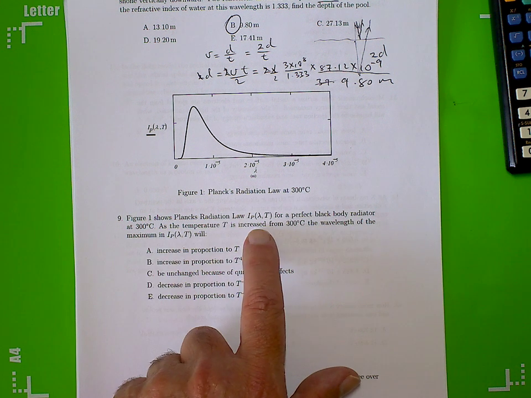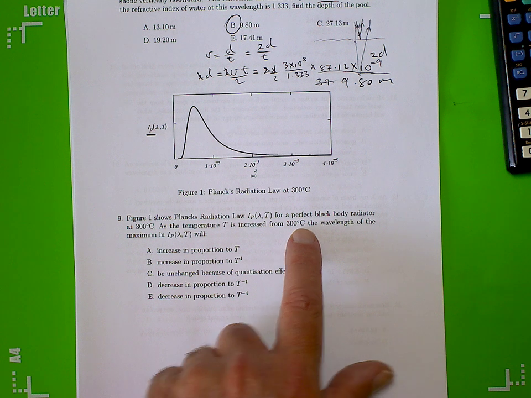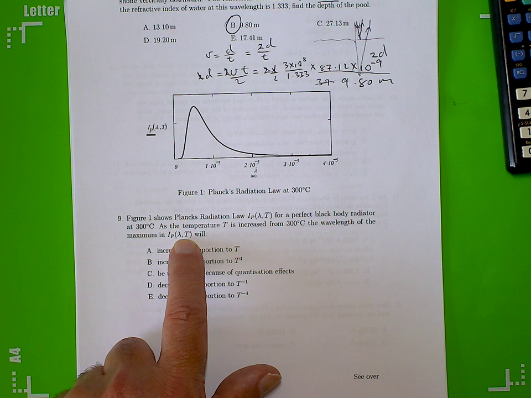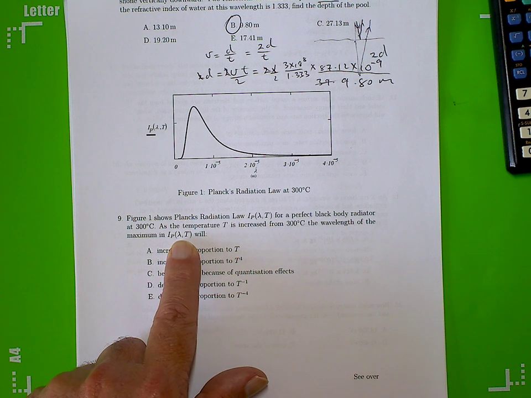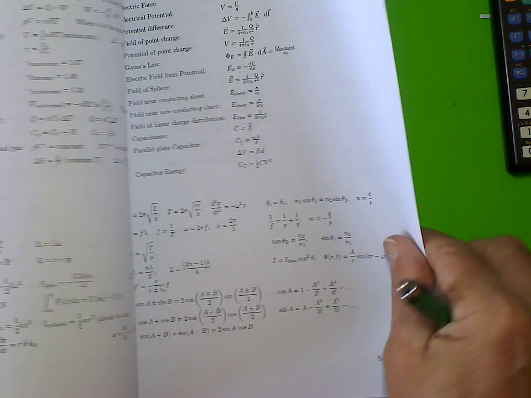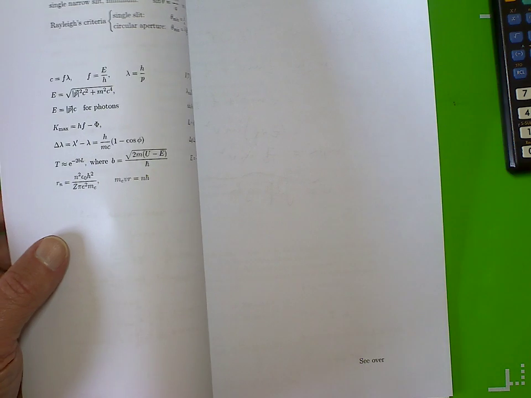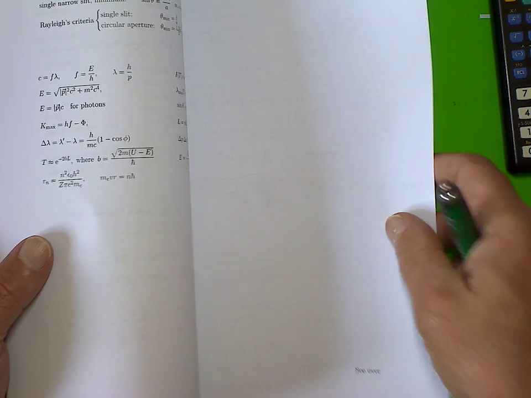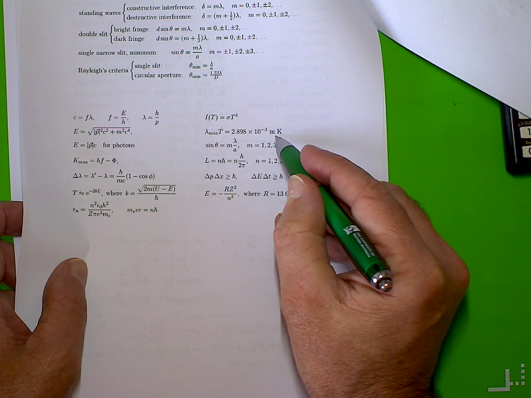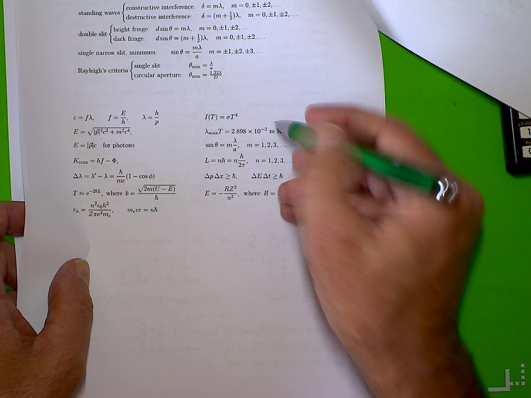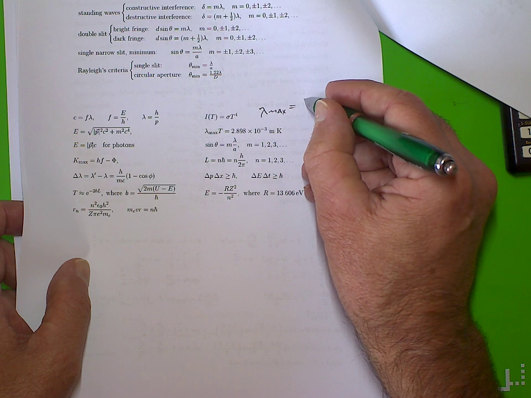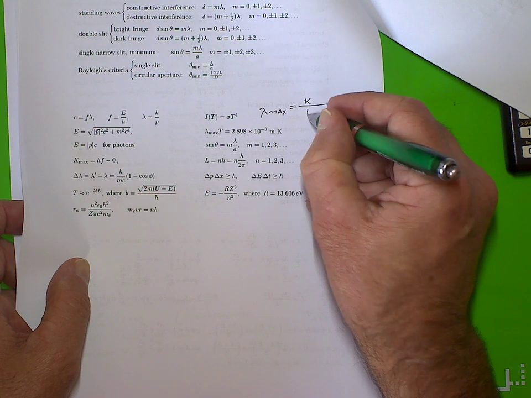As the temperature is increased from 300 degrees, the wavelength of the maxima will, okay, so there's a formula for this, find it in the formula sheet. The wavelength gets shorter as the temperature increases, and it says lambda max times T is a constant, or lambda max is equal to a constant, call it K, divided by T.